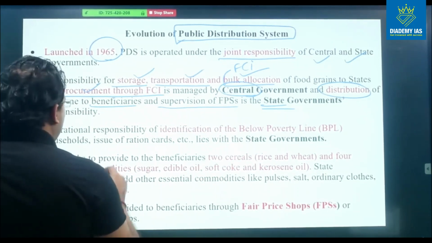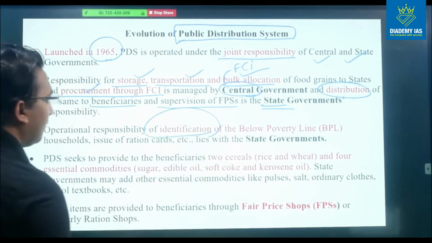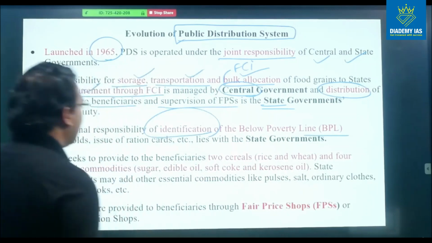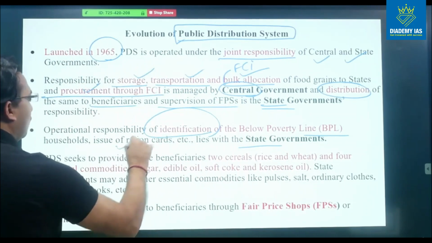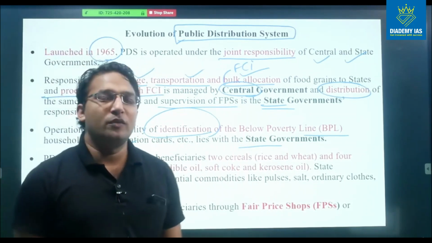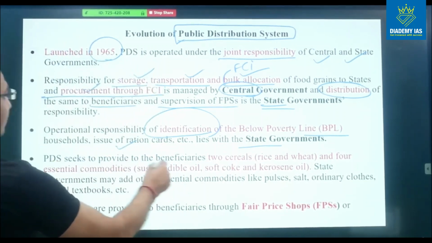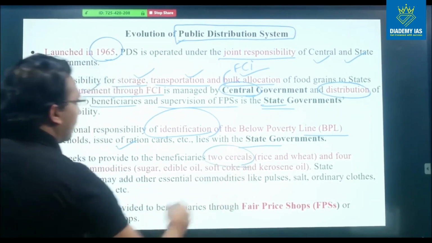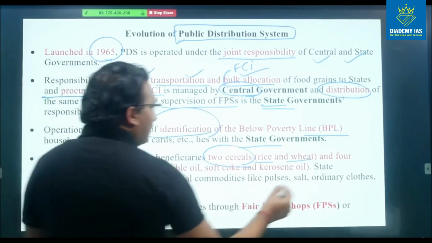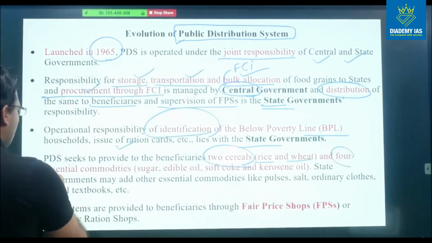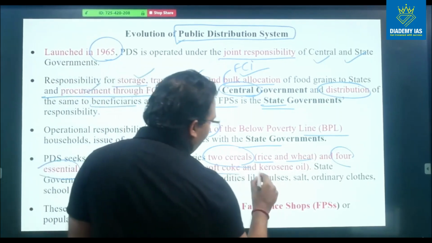Now, who identifies the beneficiaries? Identification of the people who are eligible, especially the below the poverty line people, is the responsibility of the state government. Identifying them and then issuing the ration card, both are the responsibility of the state government. PDS seeks to provide the beneficiaries two cereals. Primarily it wants to ensure that at least everyone has rice and wheat, and apart from that, in some cases it can also provide some essential commodities, for example sugar, edible oil, soft coke and kerosene oil.